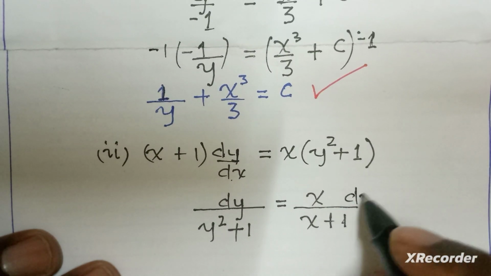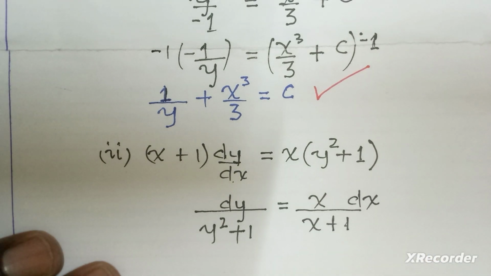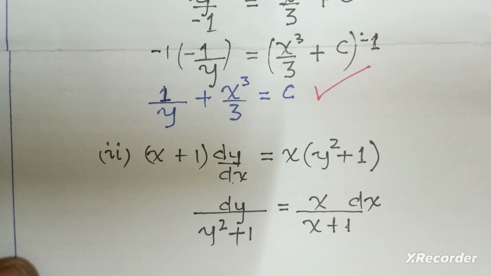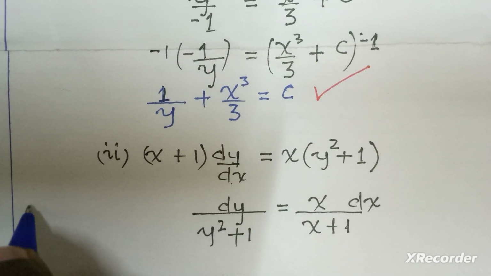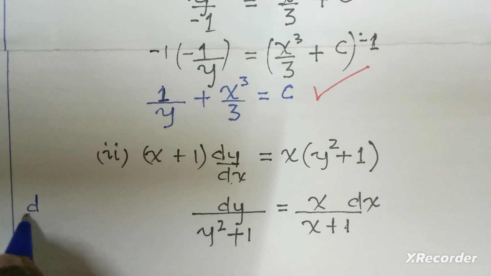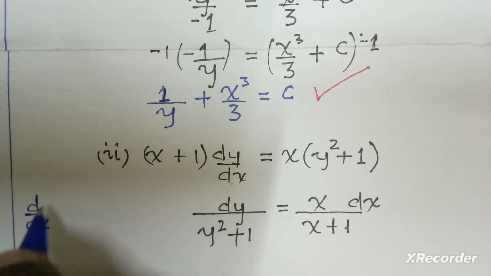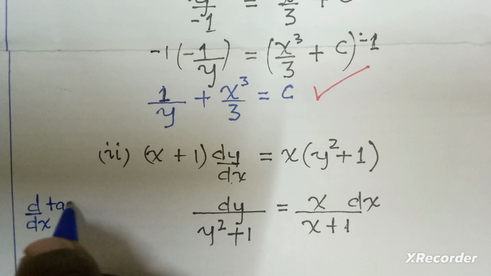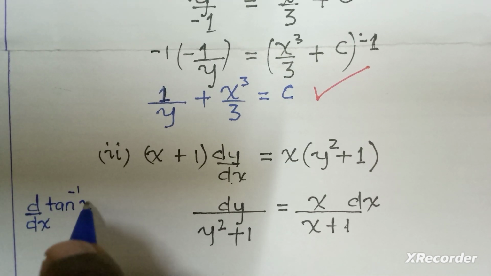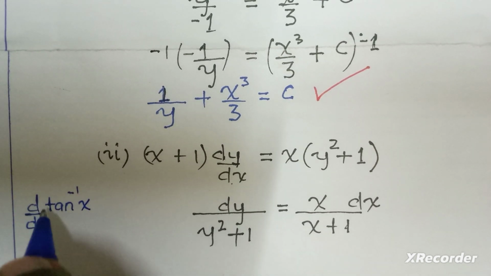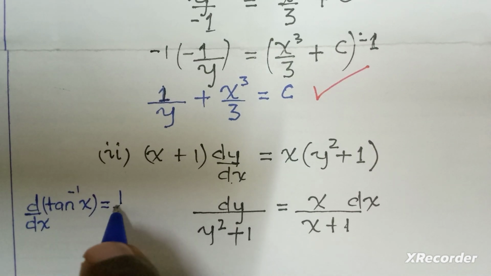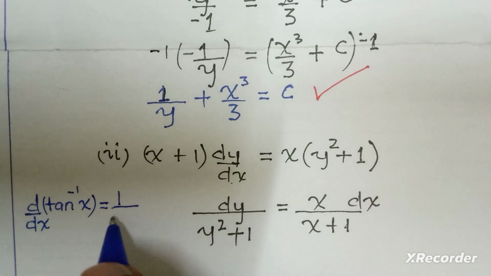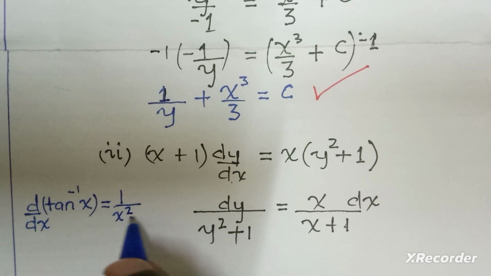This is our dx. From there, guys, we should remember that the differentiation of tan inverse x gives us 1 over x squared plus 1.